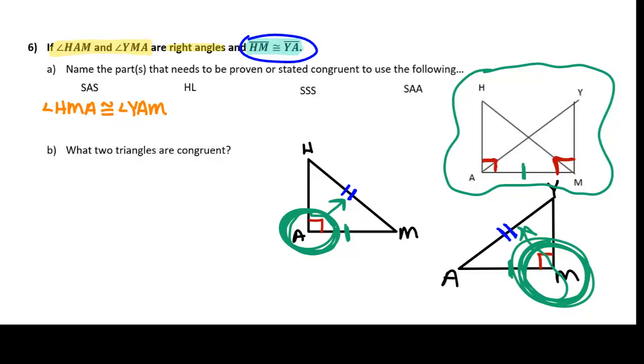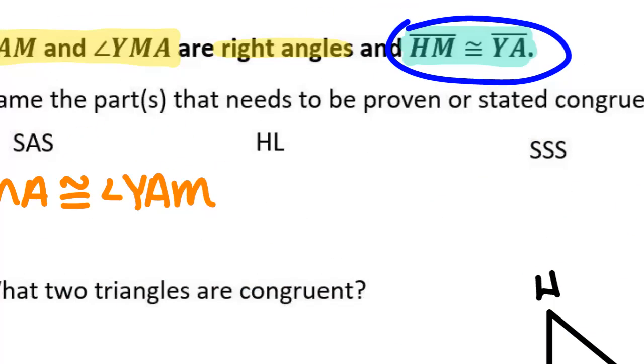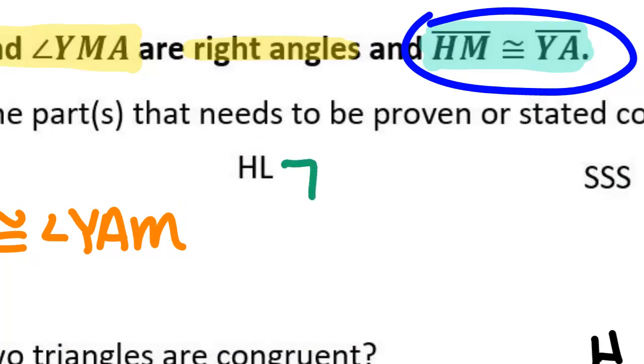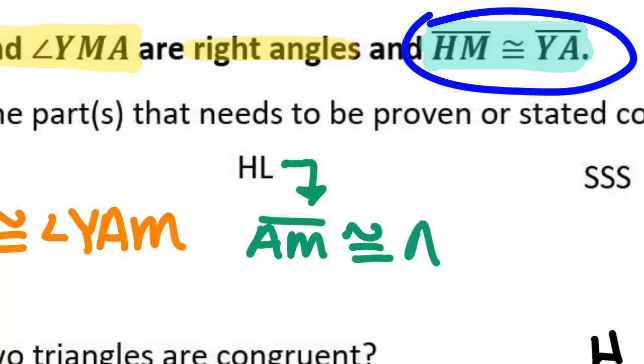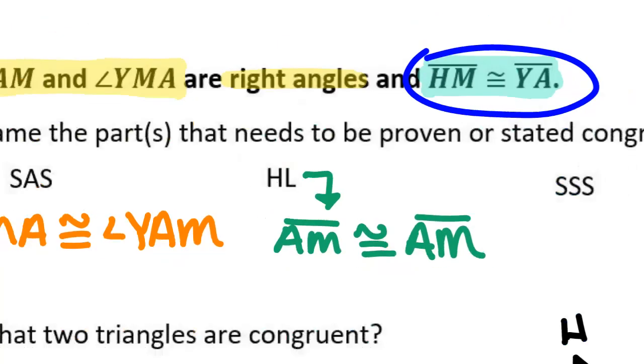I need a leg. Don't I already have a leg that's marked between those? It was one of the things that we said we're allowed to mark for free, our shared side. I need AM congruent to AM. I would need to mark that on my picture. Segment AM congruent to segment AM.